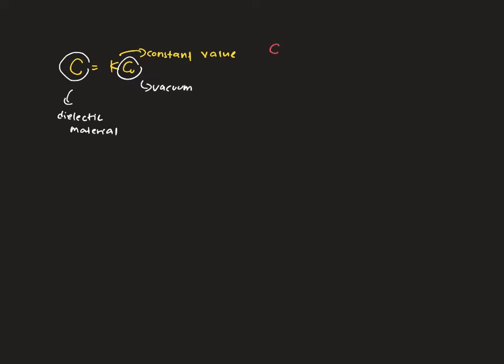Like I mentioned before, the original capacitance, where there is a vacuum between the conducting plates, is A epsilon naught over D. But the new value of C, where you have put in the dielectric material, is A K epsilon naught over D. Therefore, the new permittivity, when you put in the dielectric material, is K multiplied by epsilon naught, where epsilon naught is the permittivity of free space with a value of 8.85 power of negative 12.